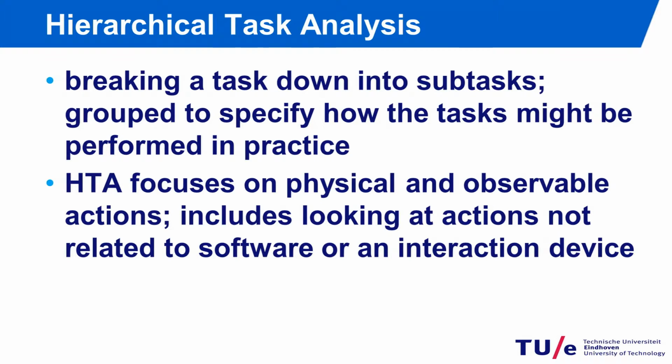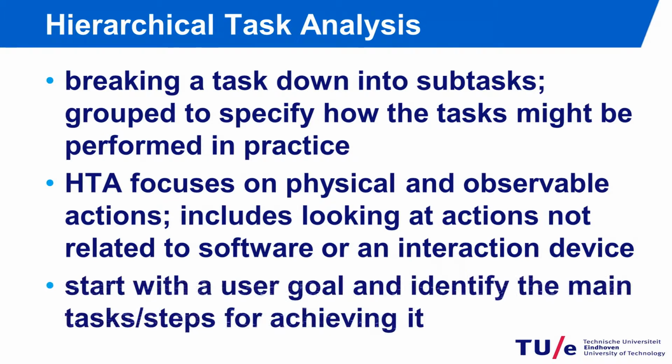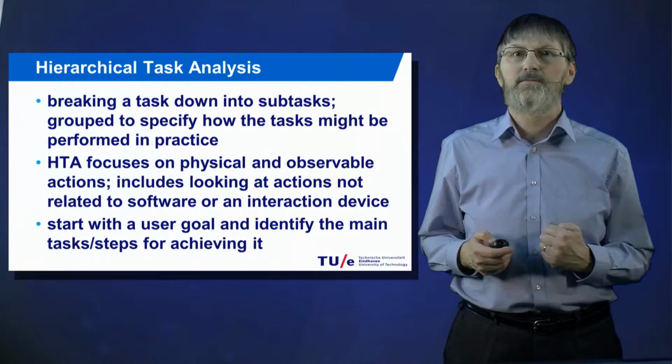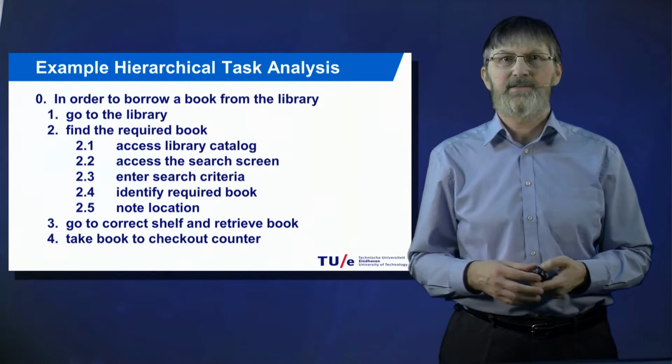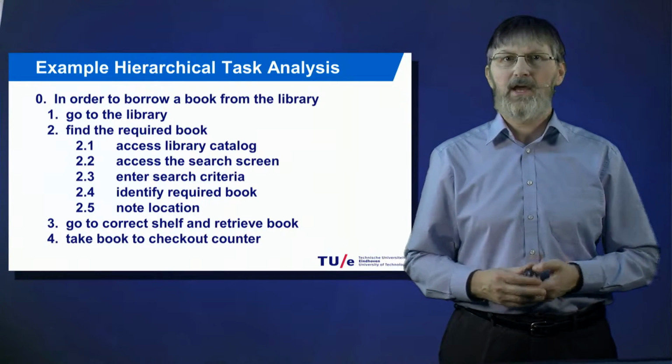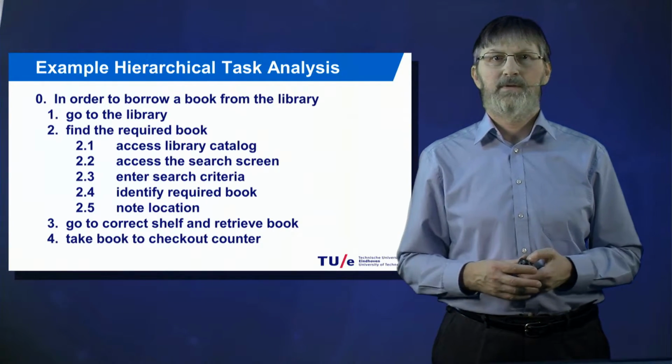But it includes looking at actions that are done with and without the software. You always start with a user goal and then break it apart into steps that are needed to achieve that goal.